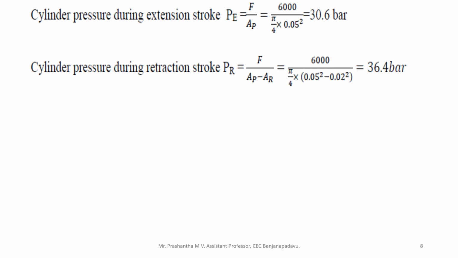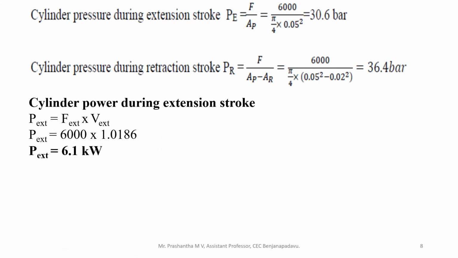Simplify this, we will get 36.4 bar. Okay. Cylinder pressure during retraction stroke P retraction equal to 36.4 bar.